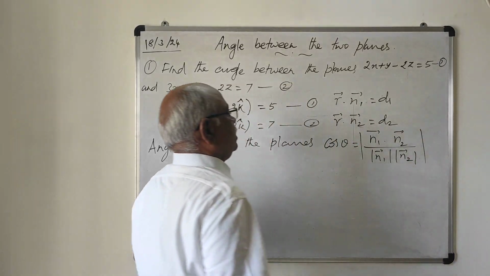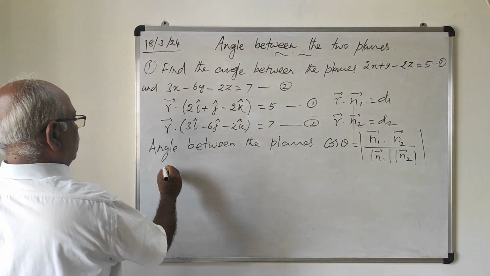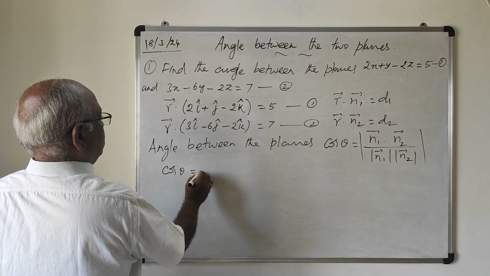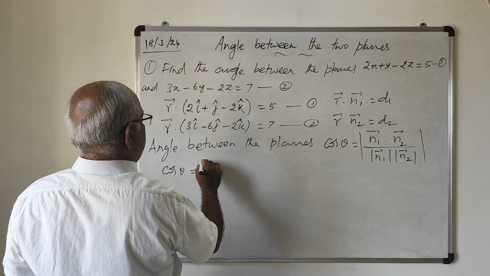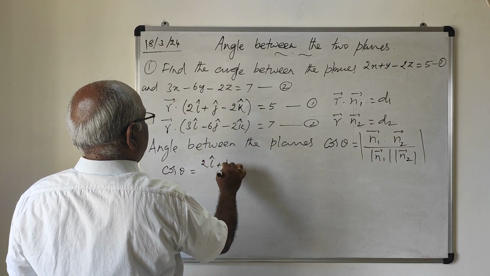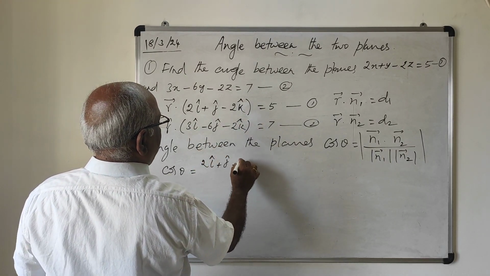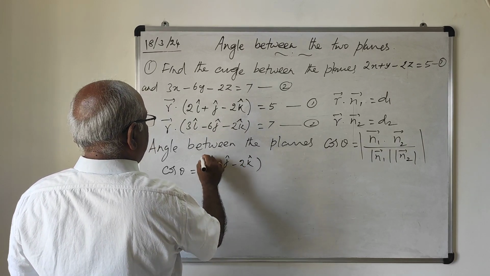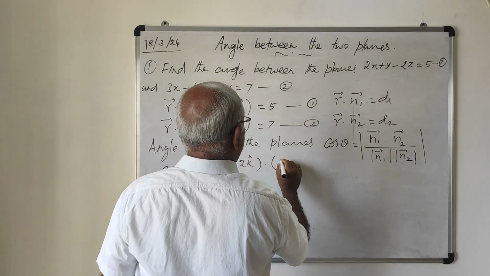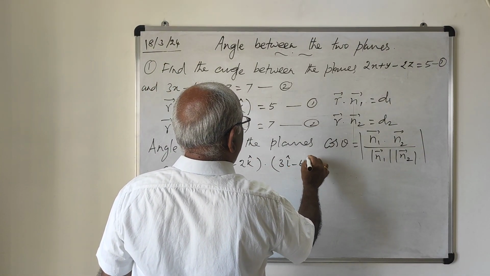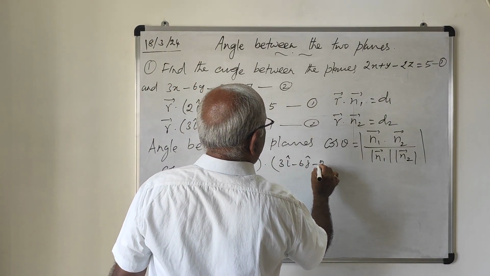The entire thing is inside the modulus. The first plane has n1, that is 2i vector plus j vector minus 2k vector, and the second plane has n2, 3i vector minus 6j vector minus 2k vector.